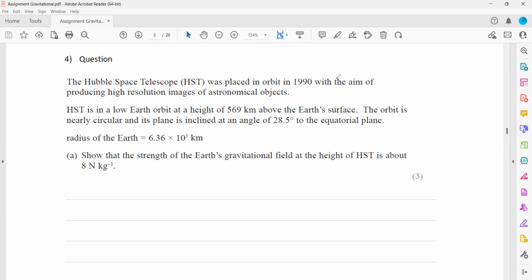So what we can do, say this is the Earth. This one is representing the space telescope HST. And it is 569 kilometers above. So this distance is 569.